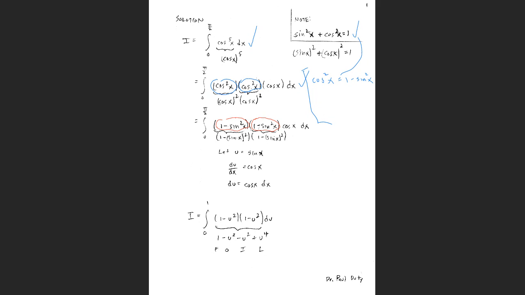Okay, and that's very helpful because now we can make a substitution that's going to work. We're going to let u equal the sine of x. Then in this integral, we're going to have 1 minus u squared times 1 minus u squared.